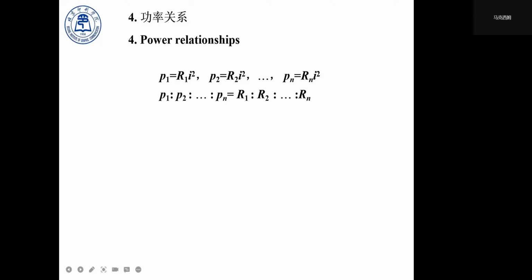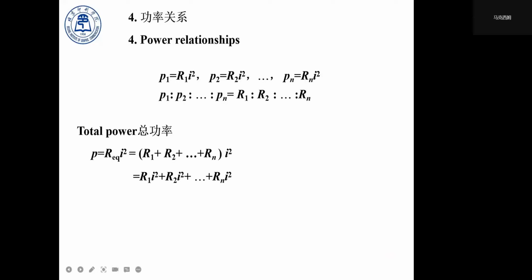We also know that the power on each resistor is proportional to its resistance. So the larger the resistance it has, the larger the power it takes. In this case, it means the stronger one takes a larger piece of cake.